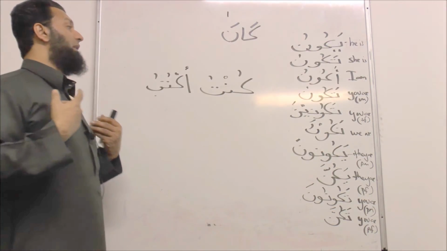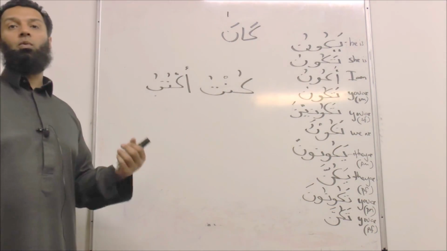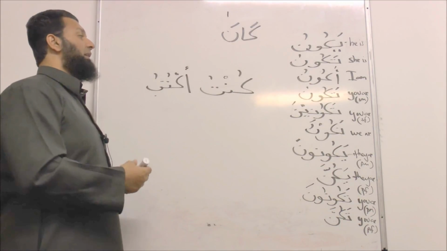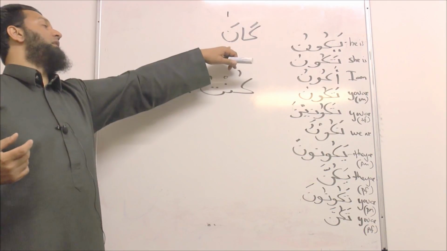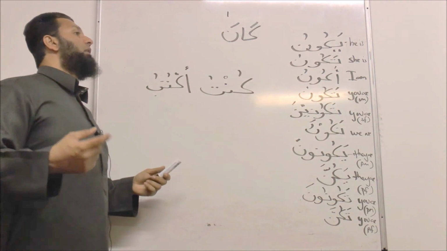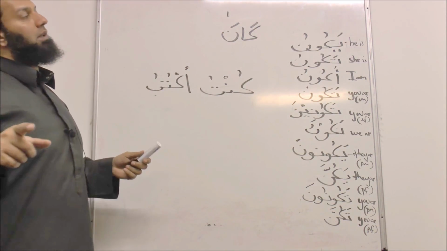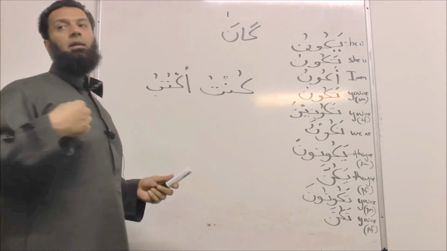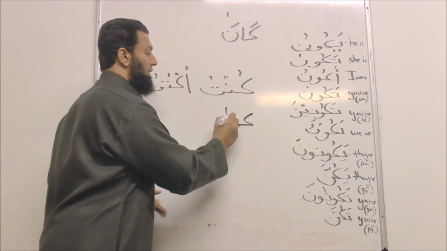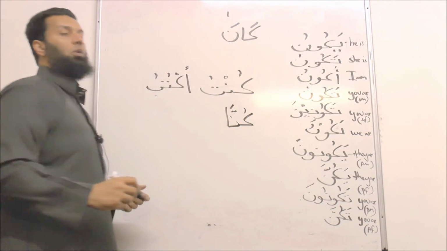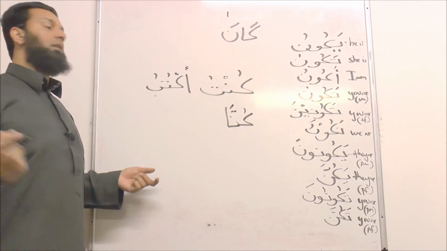If we want to say we used to write, then how are we going to say it? We need to change it from Kaana, which means he was, to we. Kunna naktubu. Kunna naktubu.